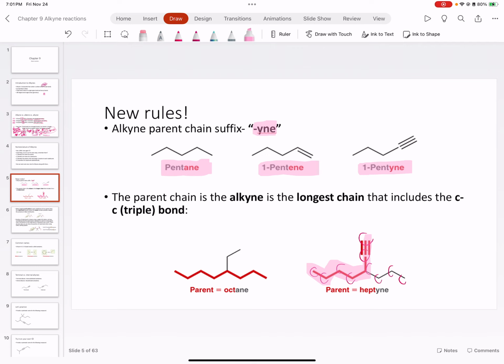Well, we want the one that includes the triple bond, because a triple bond has higher priority. So we want the longest chain that includes that higher priority group. Considering that, the longest chain that contains that group is going to be that 7 carbon chain.